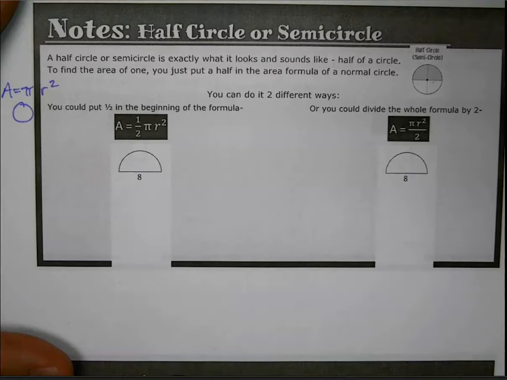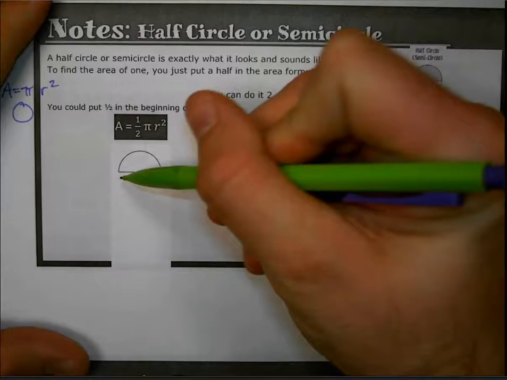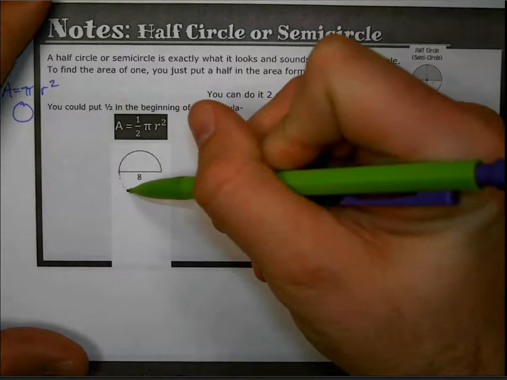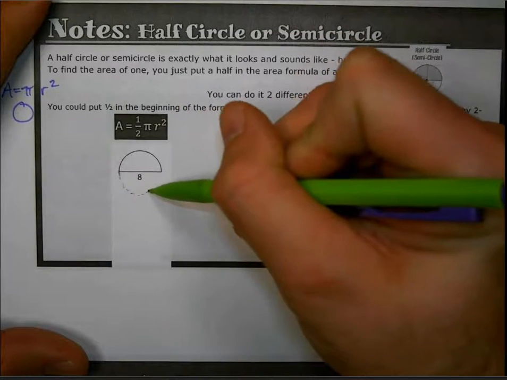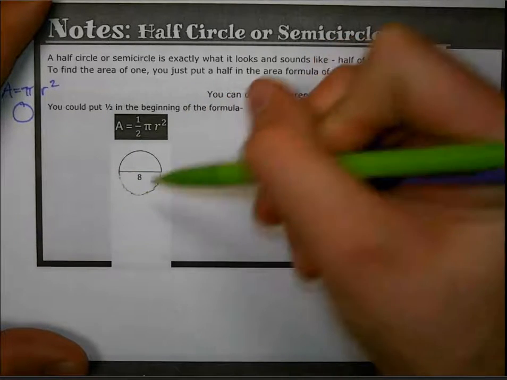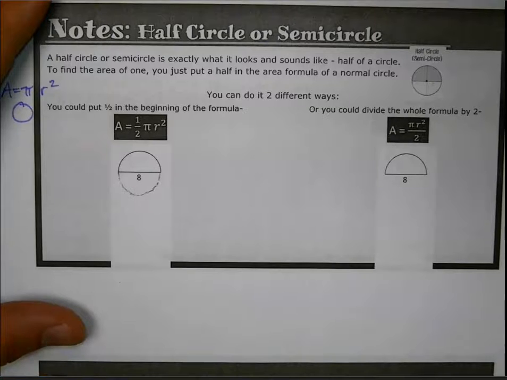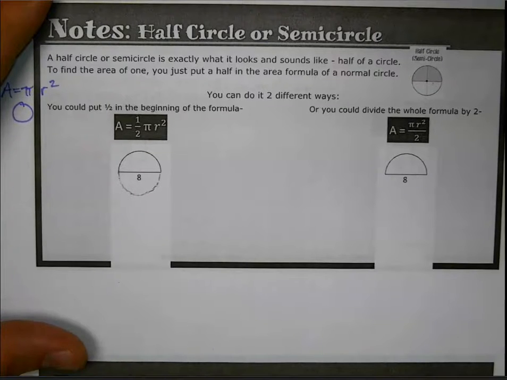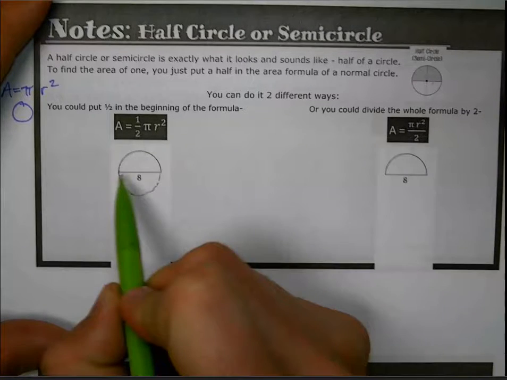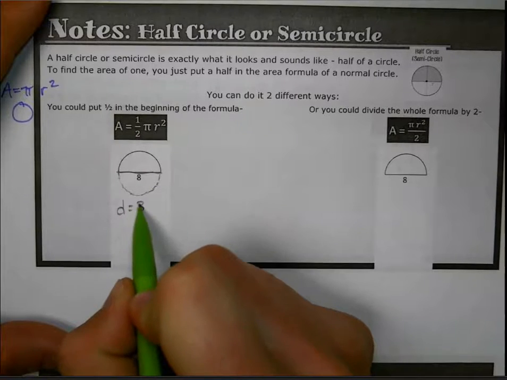One of the things about semicircles that people get confused on is what information they are giving me. If I continue this circle and make it look like the original circle did, what is 8? Is that the radius or the diameter? Well, that goes all the way across the circle, so that is the diameter.